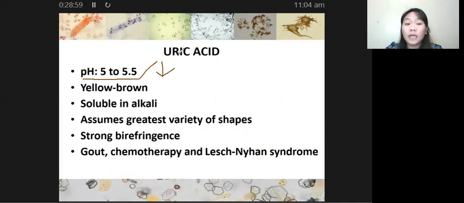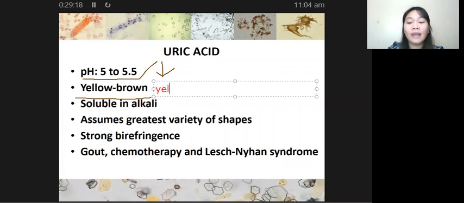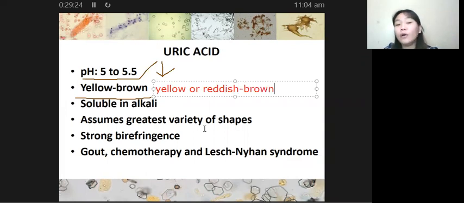So how does your uric acid appear under the microscope? So they appear as yellow-brown crystals under the microscope. Okay? And take note na aside from yellow-brown, other colors which have been associated to your uric acid, we have yellow, or pwede din po na reddish-brown.